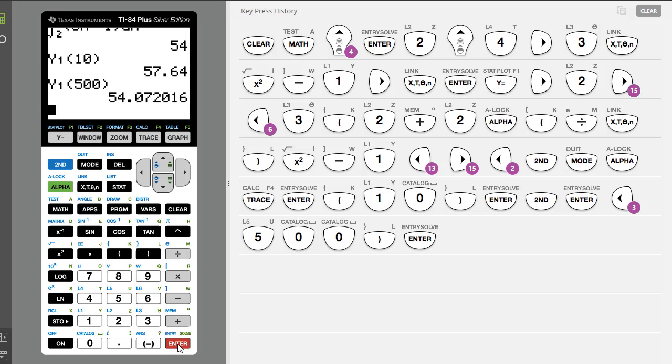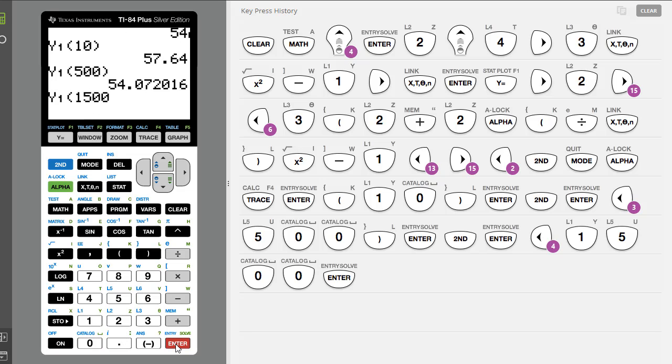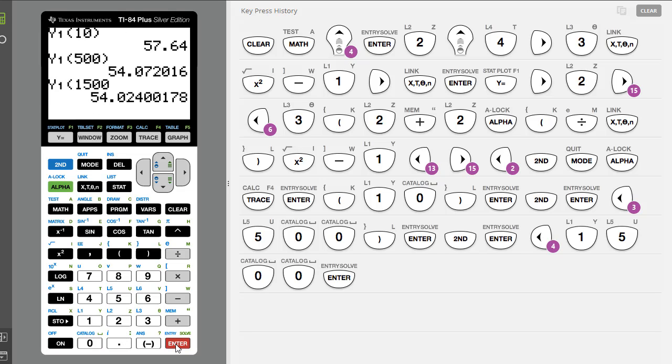Now we're getting very close. And I'll just do one more. Let's maybe do, dare I, 1500 rectangles. It's thinking, but it got there. We won't test it beyond that, but we can see that as we're increasing the number of rectangles, it is going towards the same value of 54.